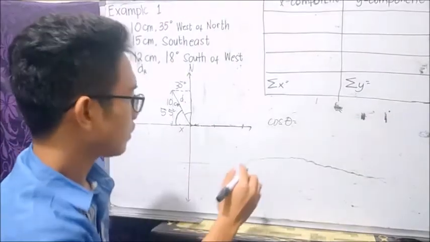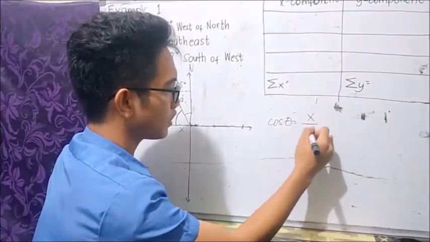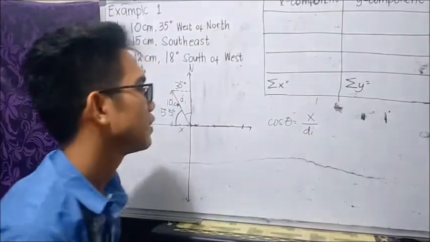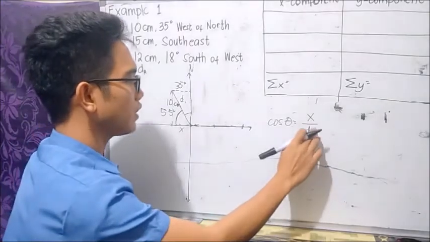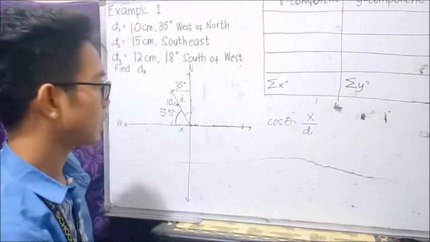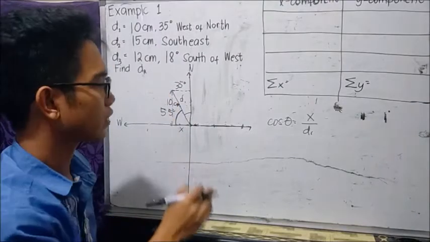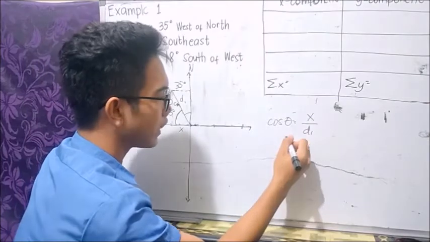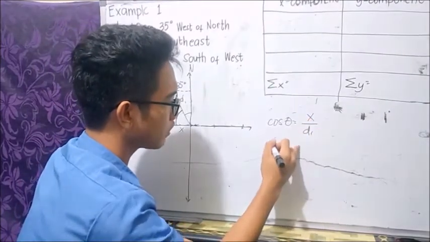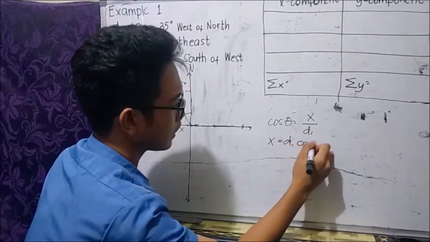So cosine theta is equal to x over d1. Your d1 is the magnitude of your vector. Now let us try to find the value of your x component. So cross multiplication, we have x is equal to d1 cosine theta.